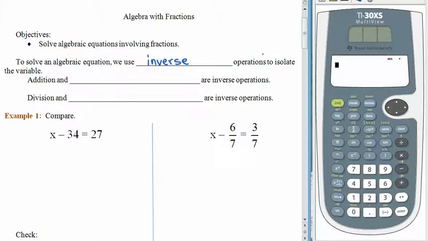So if you wanted to undo addition, you would use subtraction. Addition and subtraction are inverse operations. Along that same line, division and multiplication are inverse operations. To undo division, you use multiplication. To undo multiplication, you use division.